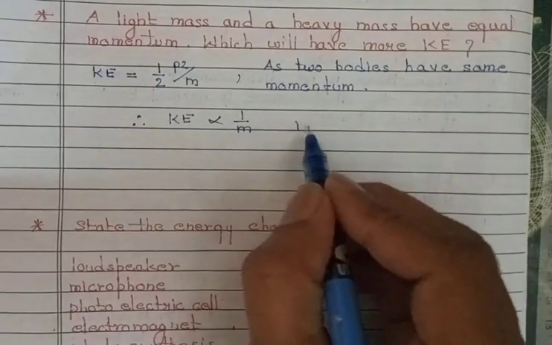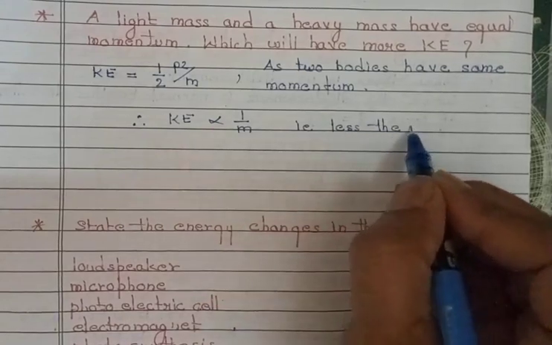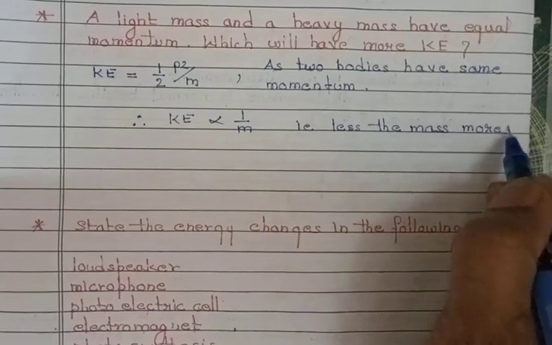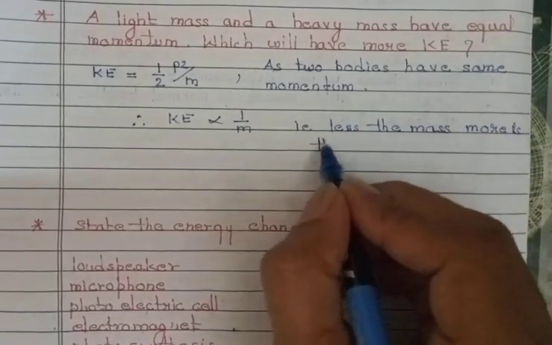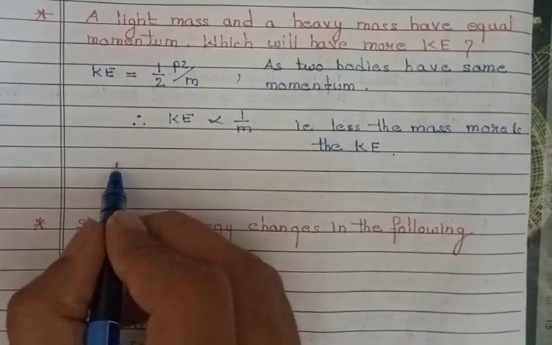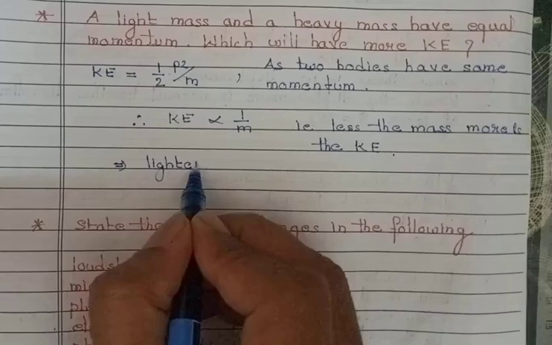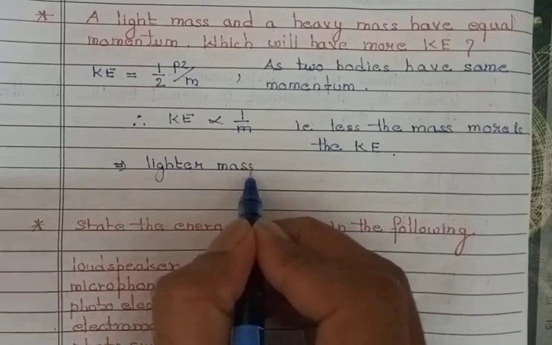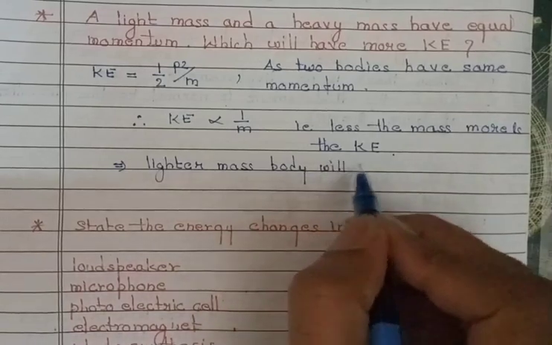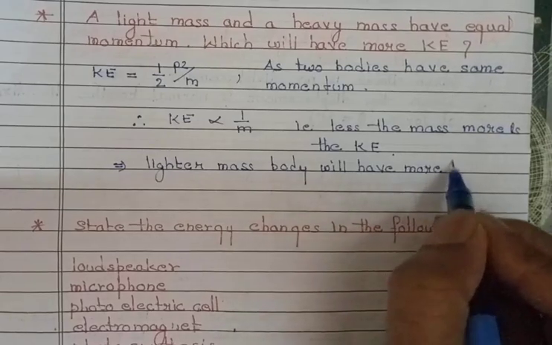This shows less the mass, more is the kinetic energy. So from here we can say the lighter mass body will have more kinetic energy.